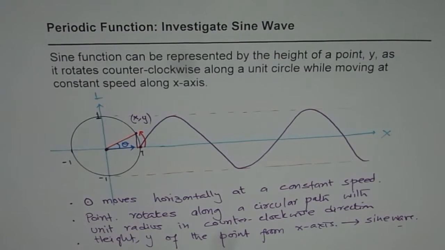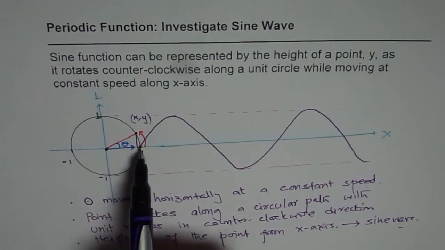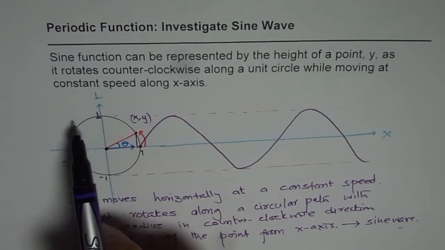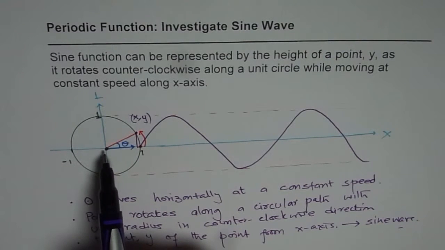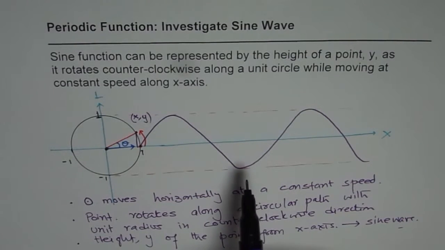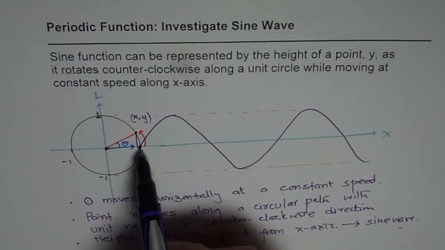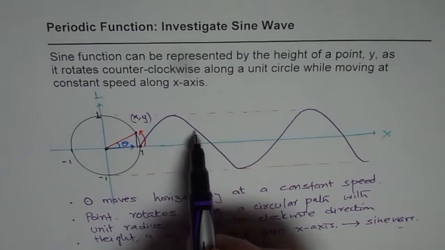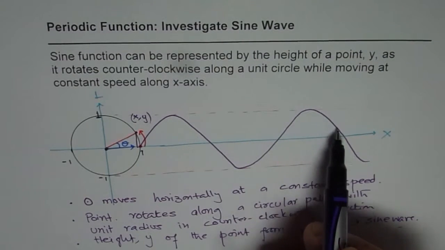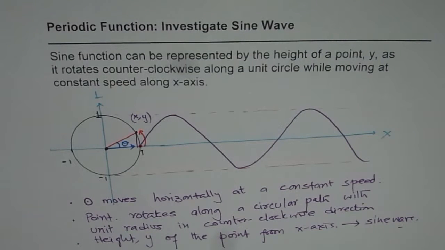In short, that is what we're trying to say here, right? So we have a point which is moving counterclockwise as the circle, which you can consider to be a wheel moving horizontally, right? In that case, the height of the point can be plotted as this set of points, which will result in a wave which we are calling a sine wave, right?